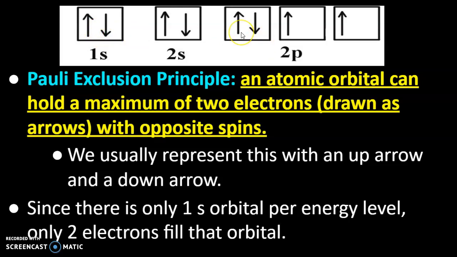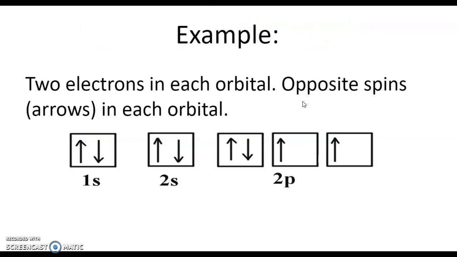Take a look here. This entire shell has four electrons, and this orbital has been filled, but these are still open. So how you can show this is that there are 2 electrons in each orbital, and there are opposite signs for each filled orbital.